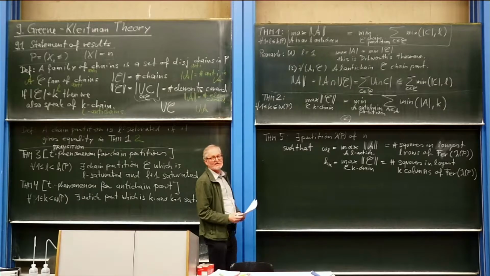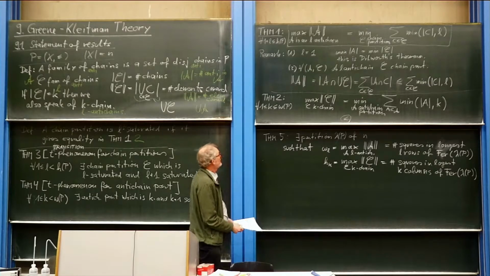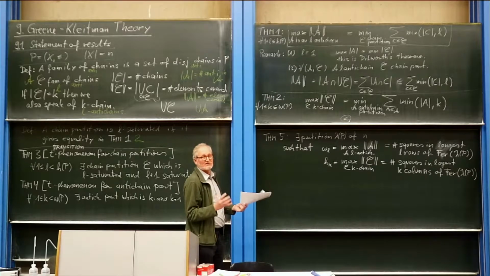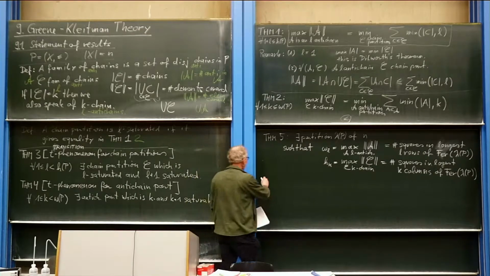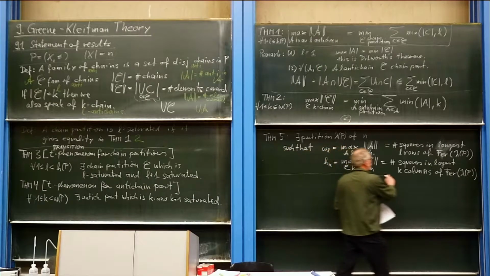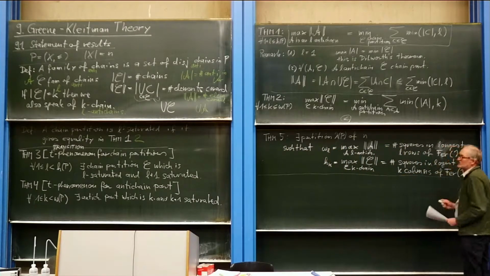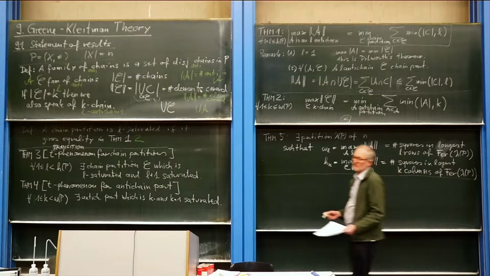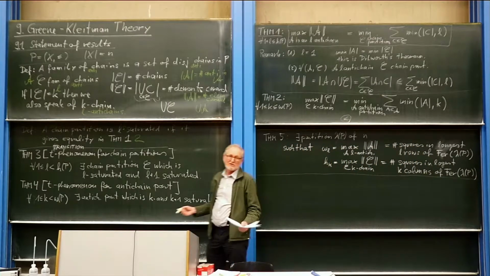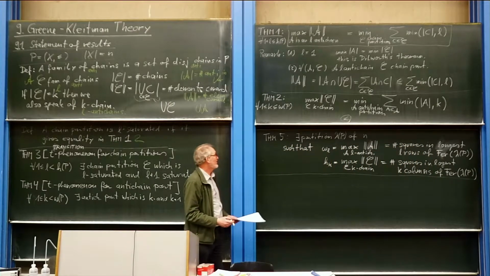Okay, so these are the 5 theorems which give this strong extension of Dilworth's theorem, the strong extension of the perfectness of comparability and incomparability graphs.